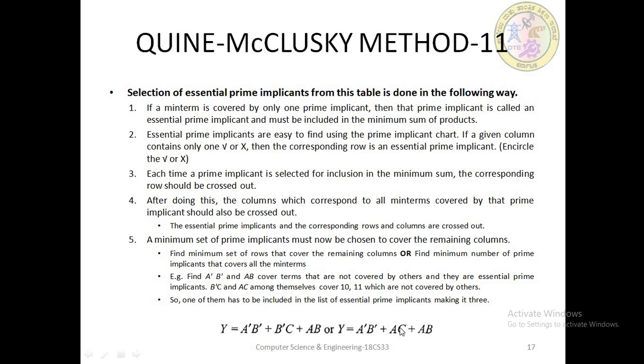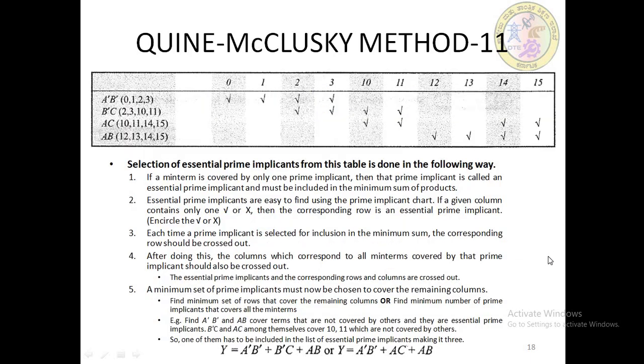So at least one should be in the expression, in the list of essential. To have 3 essential prime implicants, either this one should be considered, or only this one. Either one should be present to get an essential prime implicant list.